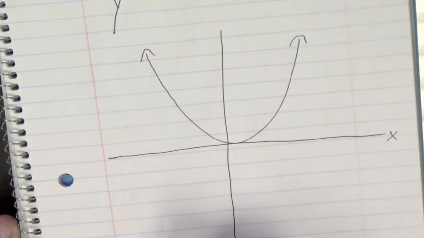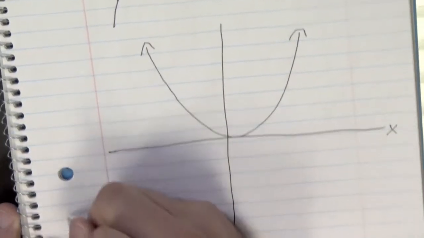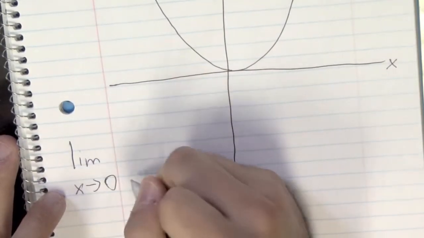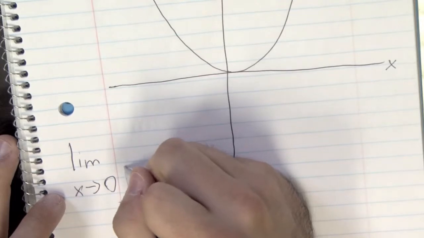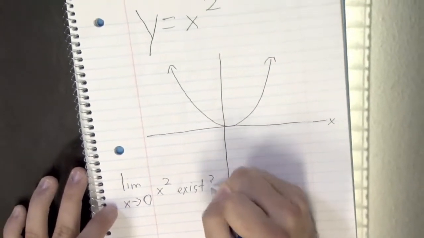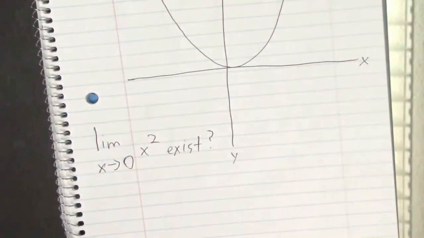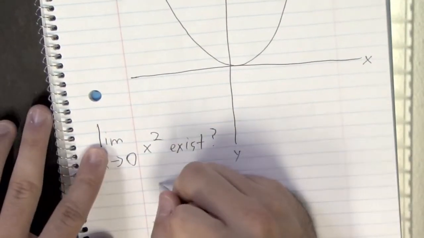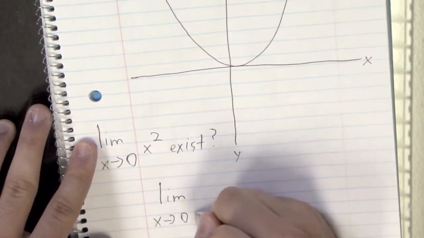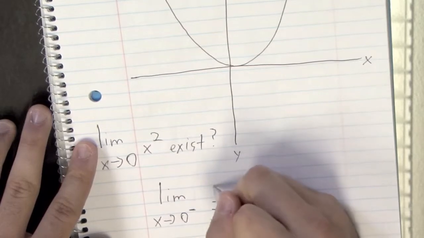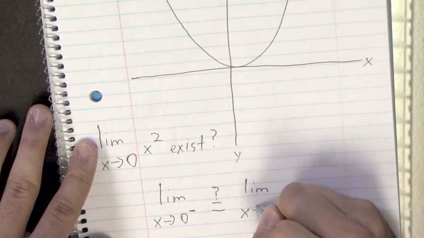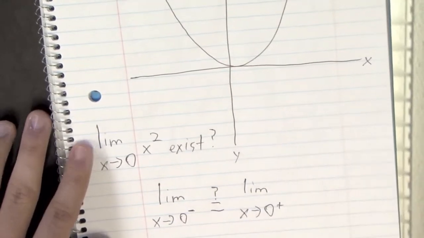So let's say that we're trying to find out, does the limit as x approaches 0 of x squared exist? Well, using the definition that we just made, what we would try to find out is, does the limit as x approaches 0 from the left equal the limit as x approaches 0 from the right?